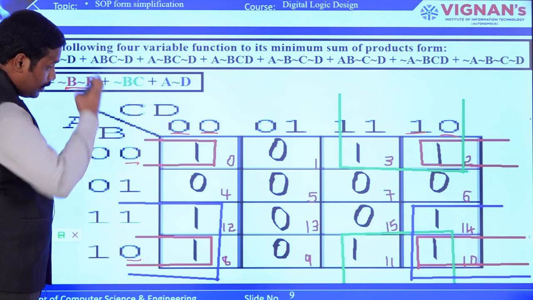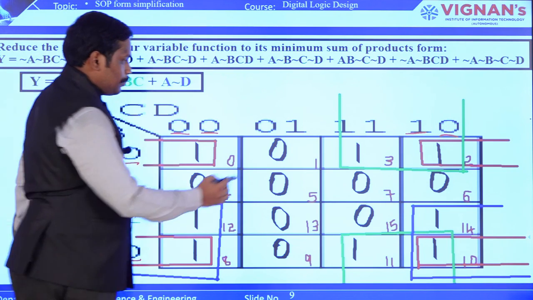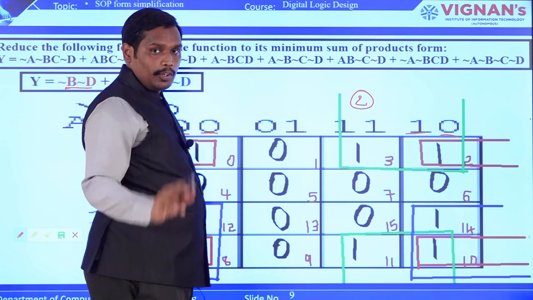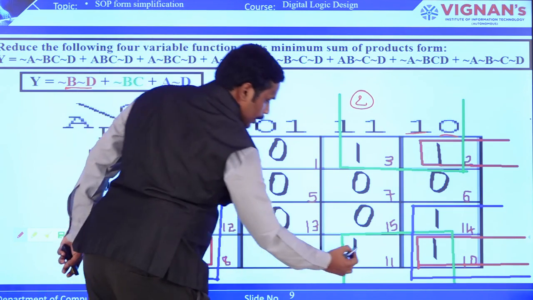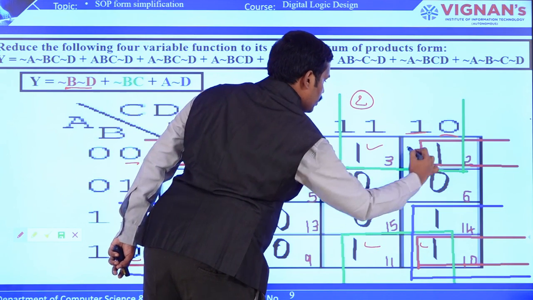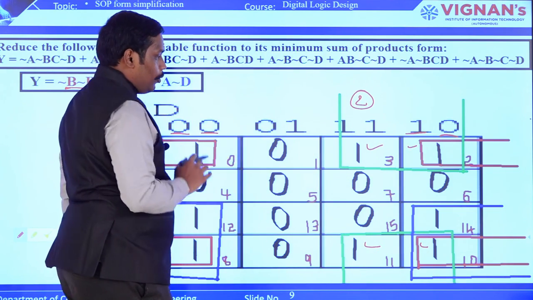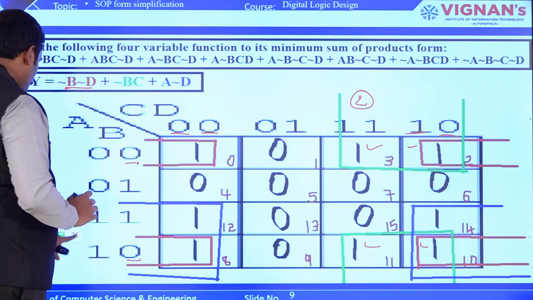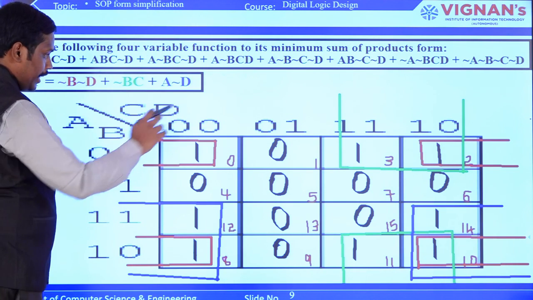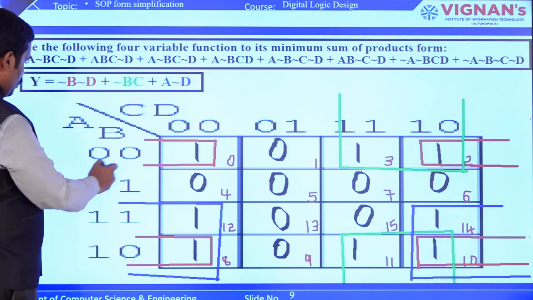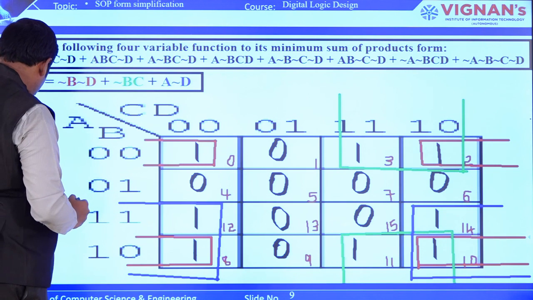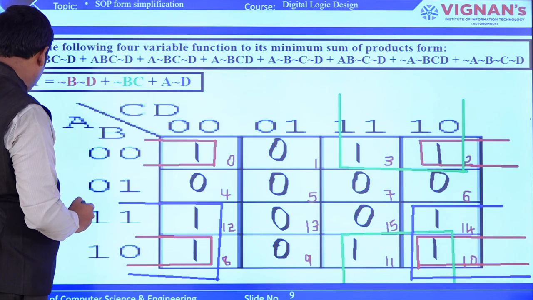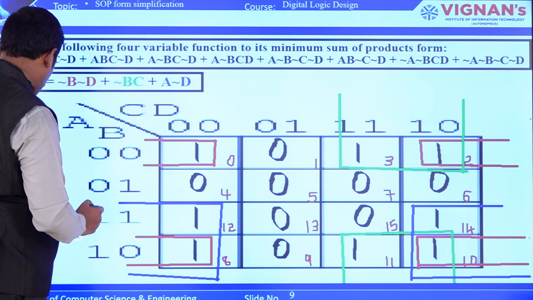And the second group that we have done is this particular group. The marking that is done in green, the quad which has been marked in green. So here this one, this one, this one, this one are forming a group. Now for this green group, we'll be checking what the values are.